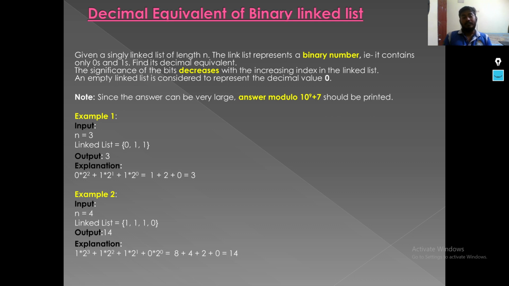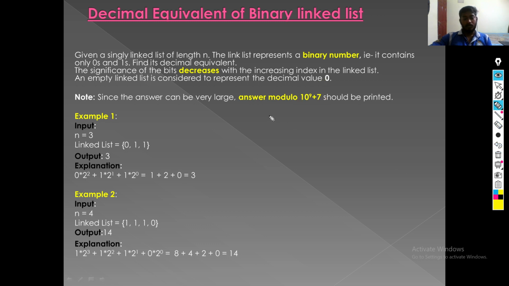In addition to that, if the number is very huge and can't be printed in the particular system, in that case we need to take the value modulus 10 to the power of 9 plus 7. By using this value we need to take the modulus of the particular binary number we are having. After that value we will show it in the output. That is one of the constraints we are also having here.